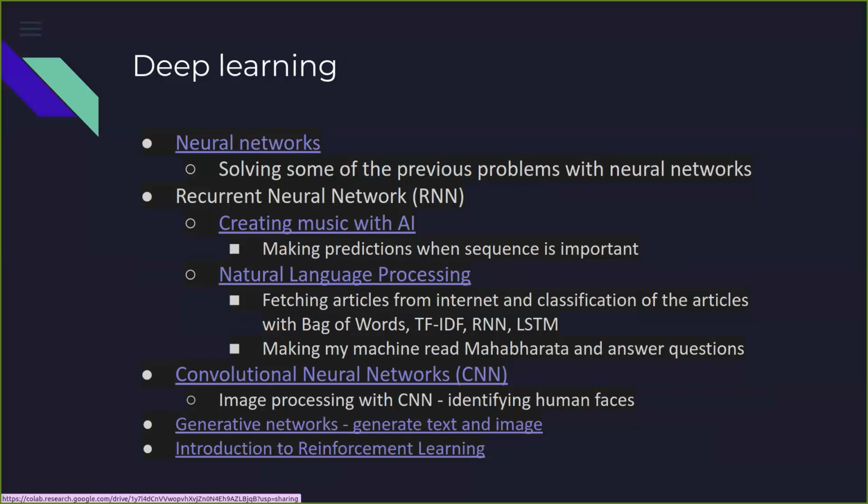All of us have taken so many years to read the Mahabharata, but we will see that within a fraction of a second, the system will read the entire Mahabharata, and it will be able to answer questions like, if Pandu is the brother of Dhritarashtra, tell me who would be the brother of Nakul, and it will answer that Sahadev is the brother of Nakul.